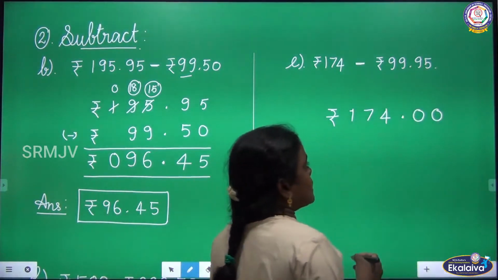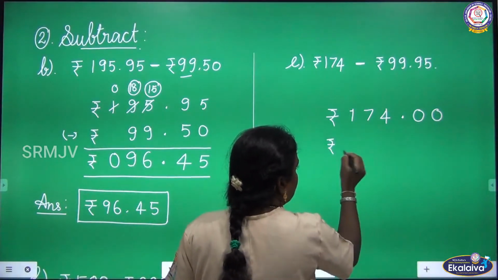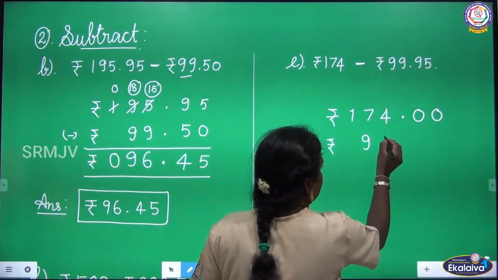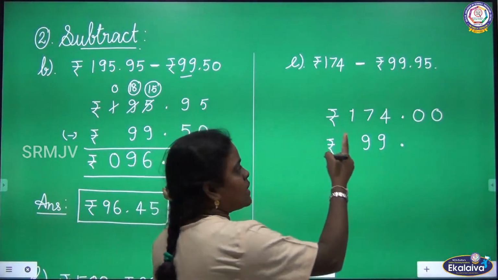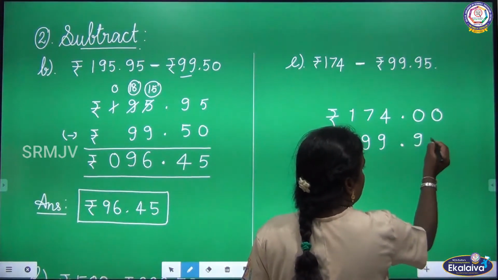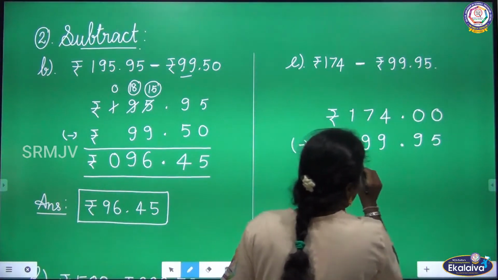Here look at the second amount. It is 99, a 2-digit number. So write from the tens place 99 rupees and 95 paise. So now let us subtract the amounts.